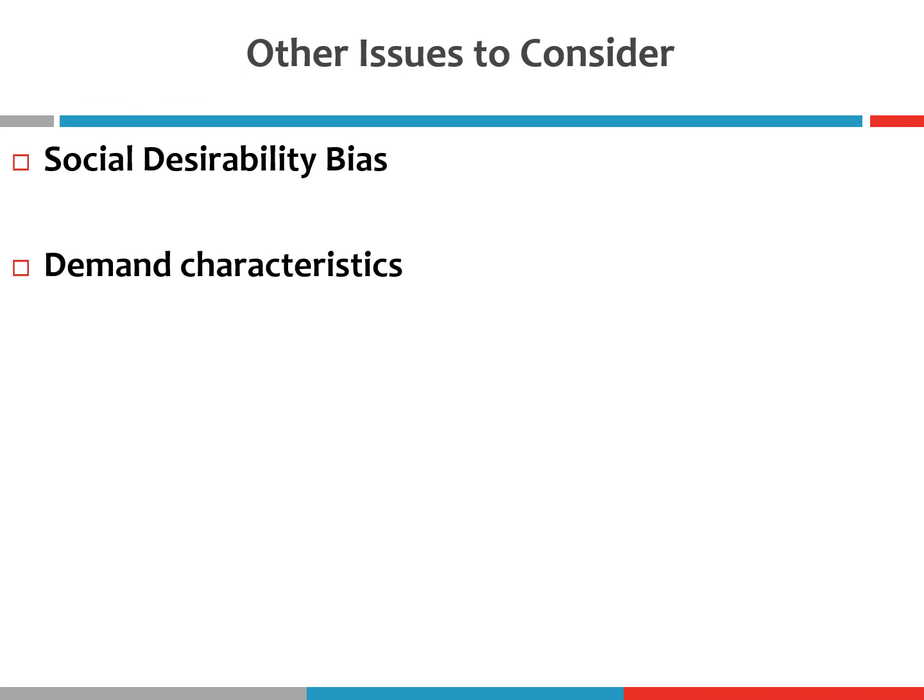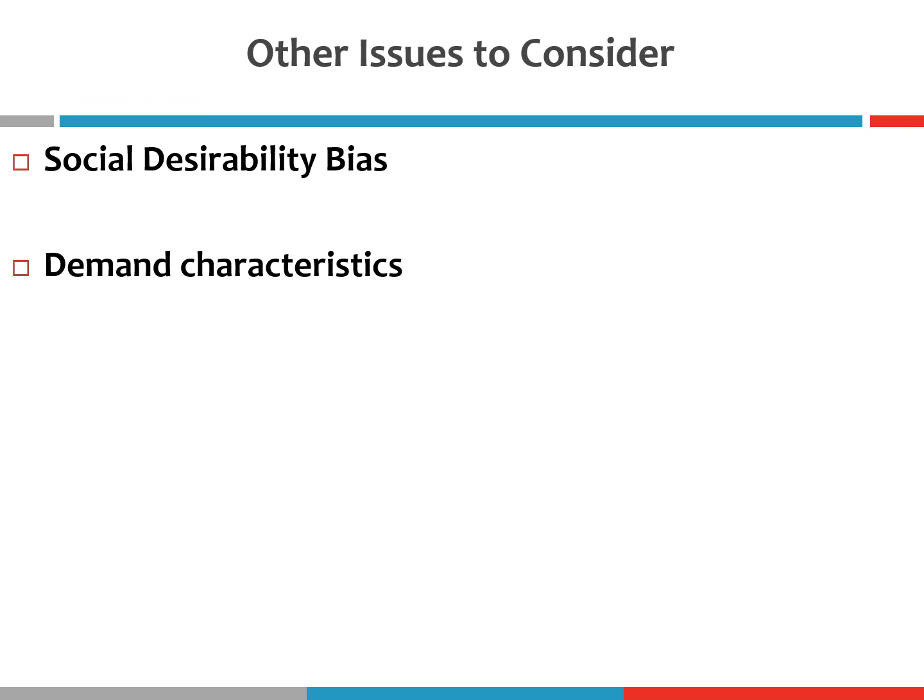The other thing is demand characteristics. So demand characteristics happen when respondents or participants develop a hypothesis as to what your survey is asking them about, and then they try to respond in the way that they think you as the researcher want them to respond. Okay?